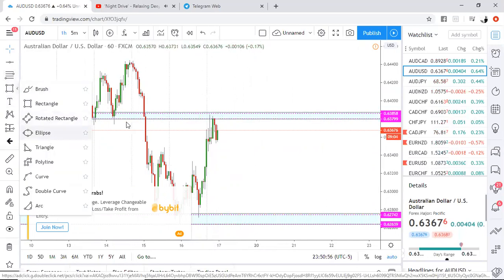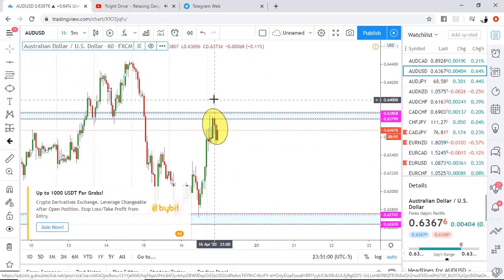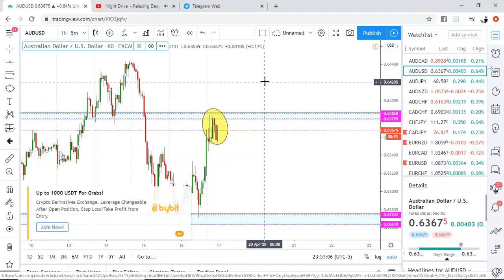So why would I be looking for a buy position unless it breaks this ceiling and retests it and then shows movement towards the upside? That's the only way I would buy it.